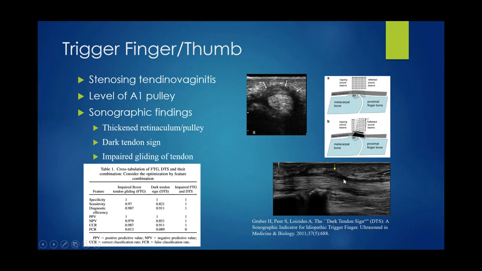Additionally, because of the thickened retinaculum, you're going to get a little bit more roundness to it, and that's going to cause a little refractile shadowing at the edge of the pulley, again contributing to some of that dark tendon sign. And then lastly, dynamically, as I showed previously, the tendon should move freely underneath the pulley. If this tendon is being squished between the pulley and the underlying bone, then that tendon excursion would be impaired.